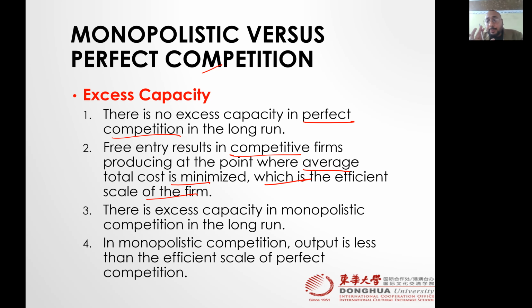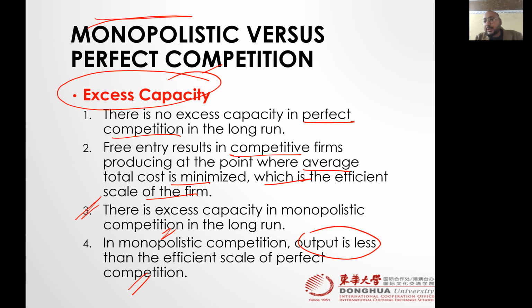So output is less in a monopolistically competitive market than in perfect competition, which means there is an inefficiency related to production in the long run associated with the monopolistically competitive firm. And we call this concept excess capacity.